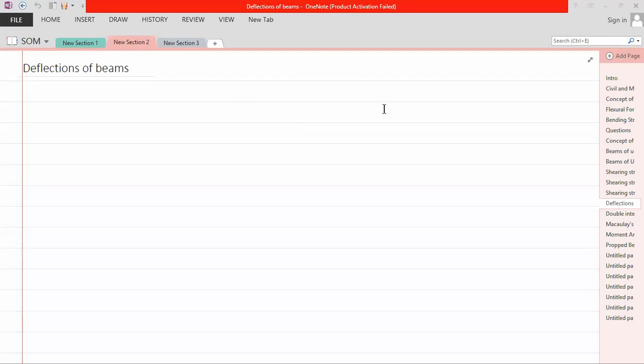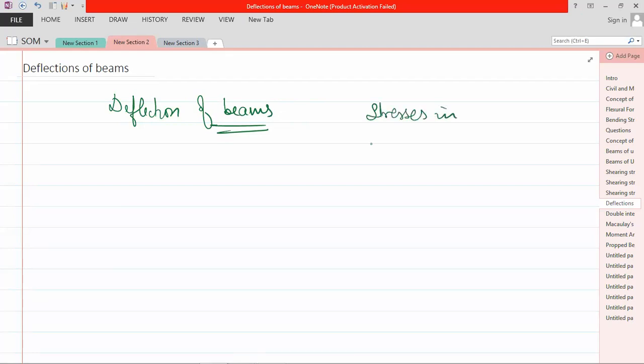Okay. Yeah. So, deflection of beams. Up till now, we considered what the stresses are that originate in the beam, that is, bending stress and shear stress.